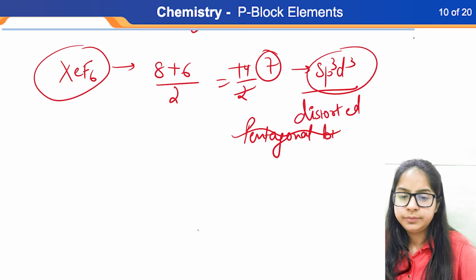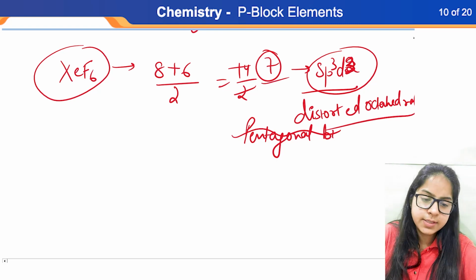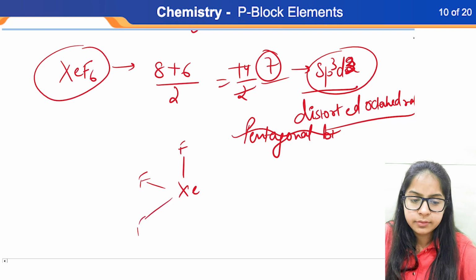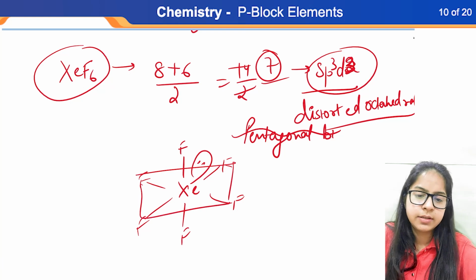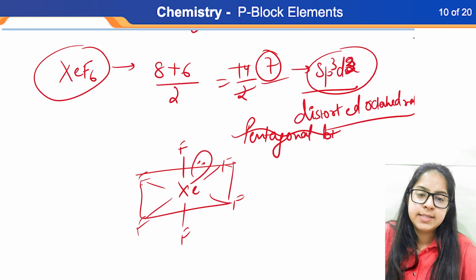Very important. sp3d3, a distorted octahedral kind of structure, because of these 7 electron pairs. Here the lone pair is present in this position. Okay, so this is important for XeF6.